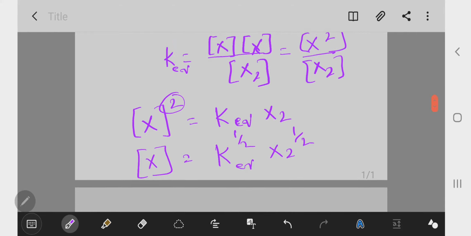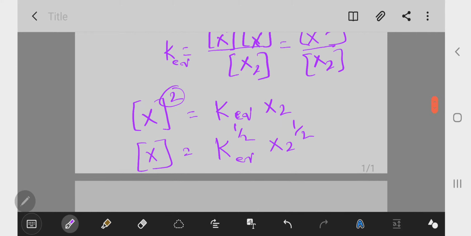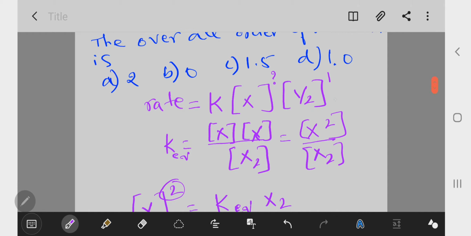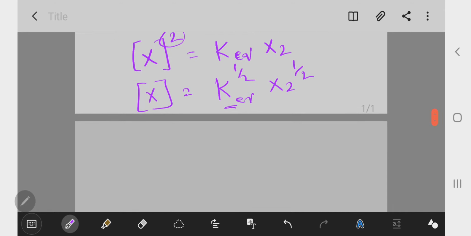Now we have to substitute this X. Put the value of X in this rate equation. Let me mention the rate equation as equation number 1, substituting X in equation 1.